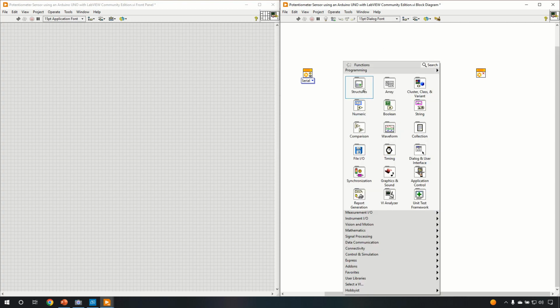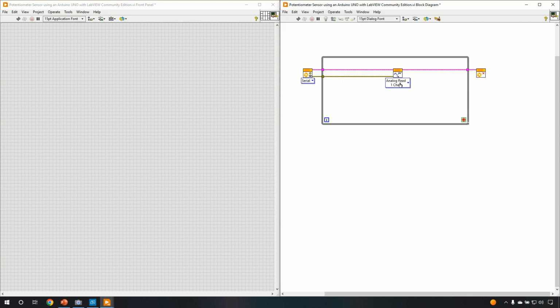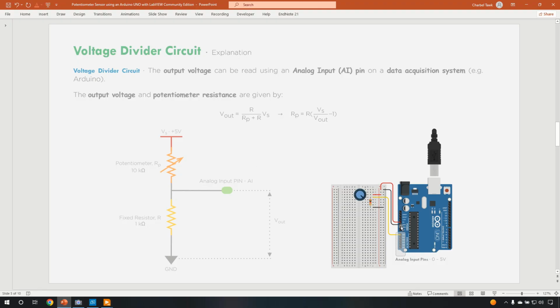Let's align them and let's place our analog input analog read block inside a while loop. Perfect. We have the COM port right here. It's COM4. It might be different for you. And for us, let us remember that our analog input pin, the pin that we are using currently, is the A0 pin.